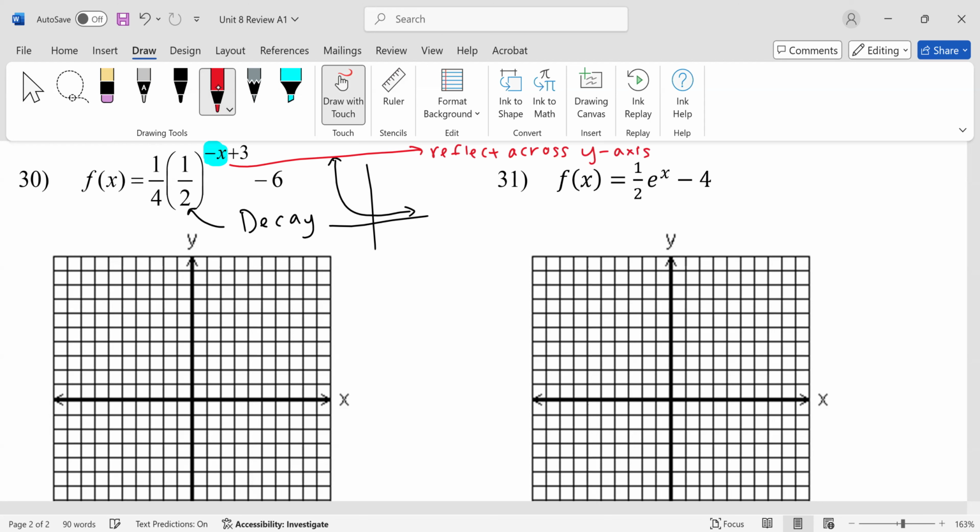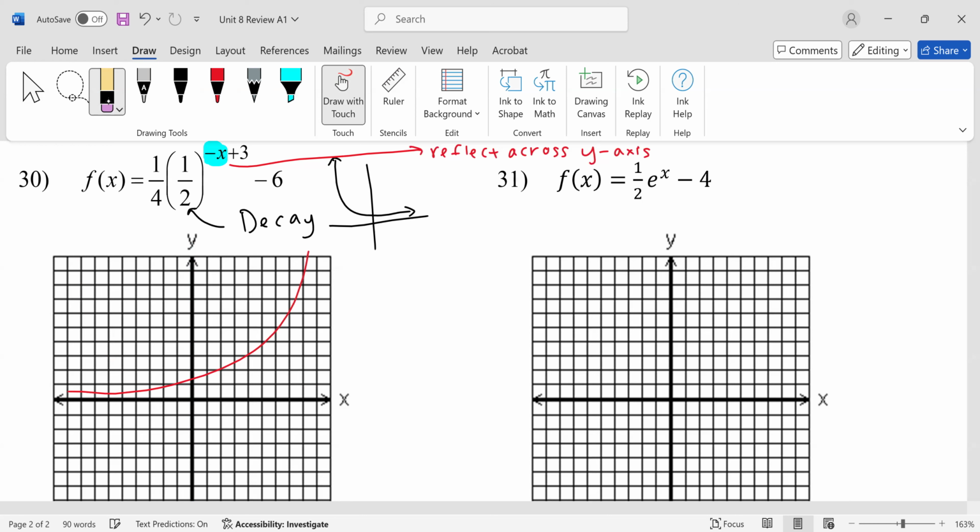If there's a negative in the front, that's reflecting across the x-axis. But since it's on the x, it's going to reflect across right here. So normally it would look like this, but since it's reflecting across here, it's going to look like that. Okay? But it's still decay.